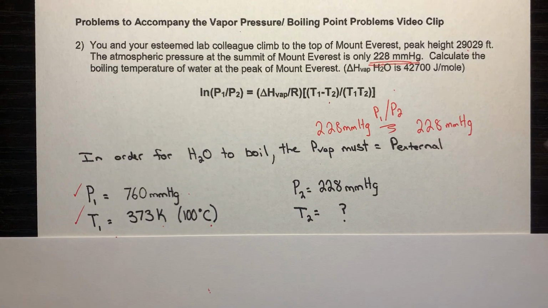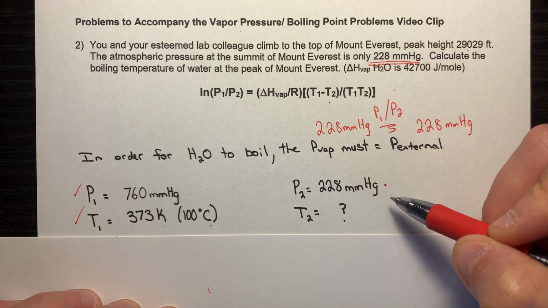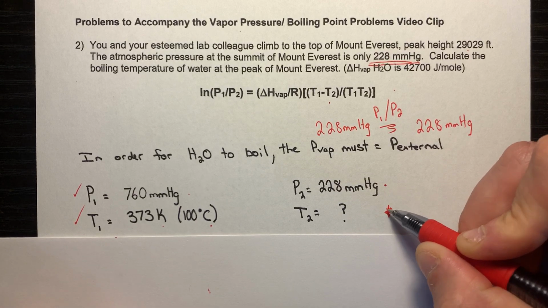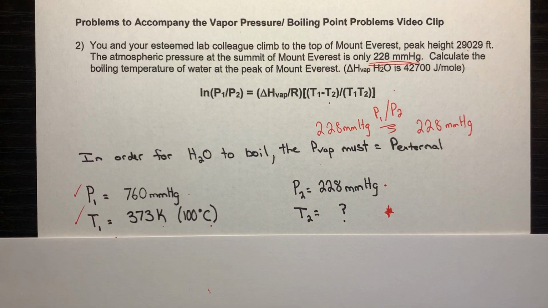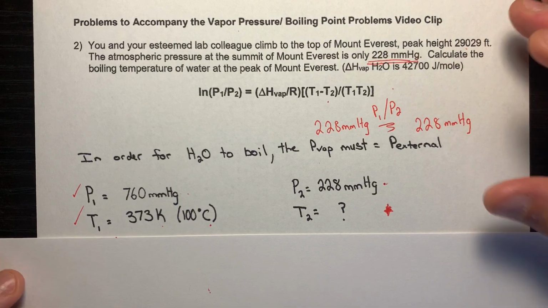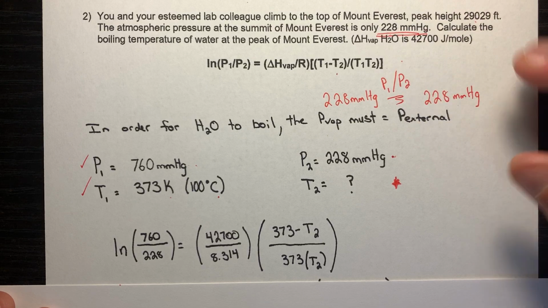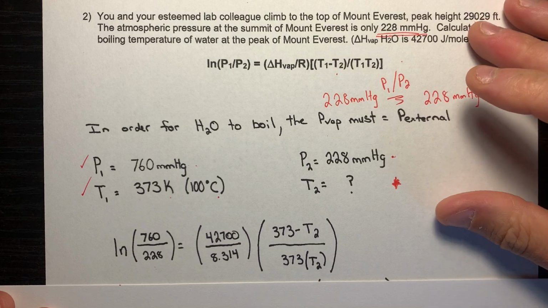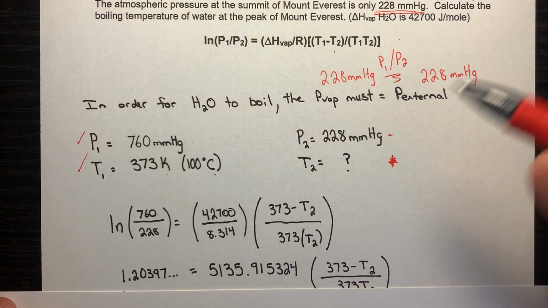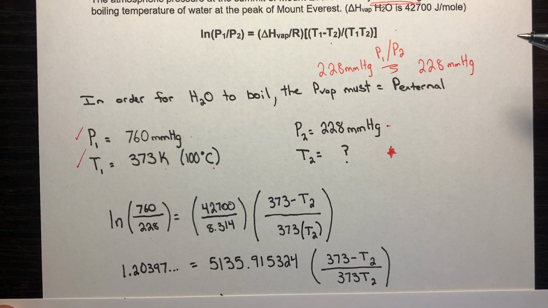And so presented with a second vapor pressure, we'll be able to solve for the necessary amount of energy, reflected as temperature, in order to get to just 228 millimeters of mercury for that vapor pressure. So I merely plug in my values into the top equation here. In order to solve this, I'm going to simplify, and I'm going to take the natural log of the 760 over 228. I'll also simplify the 42,700 divided by the 8.314.